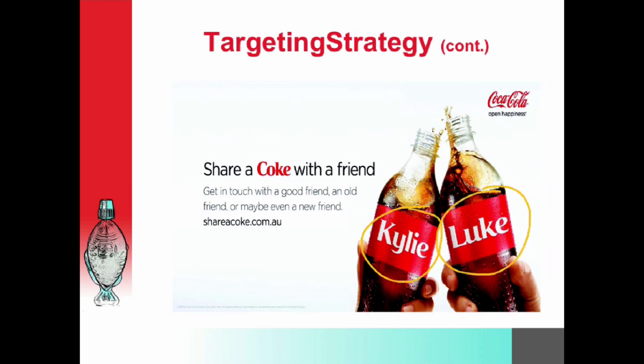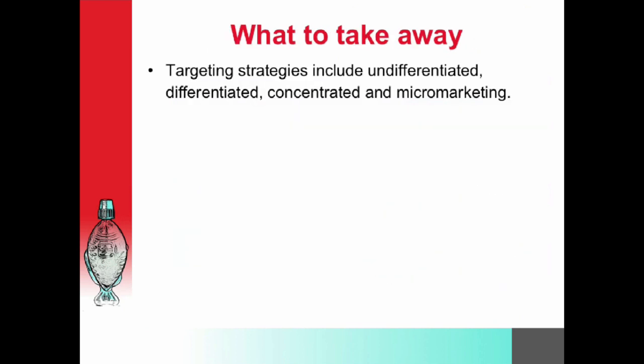So this is trying to get some aspects of one-to-one marketing into a mass marketing program. So targeting strategies include undifferentiated, differentiated, concentrated, and micro marketing. And which one is chosen or which combination is chosen depends on the value and the needs of your target customers.